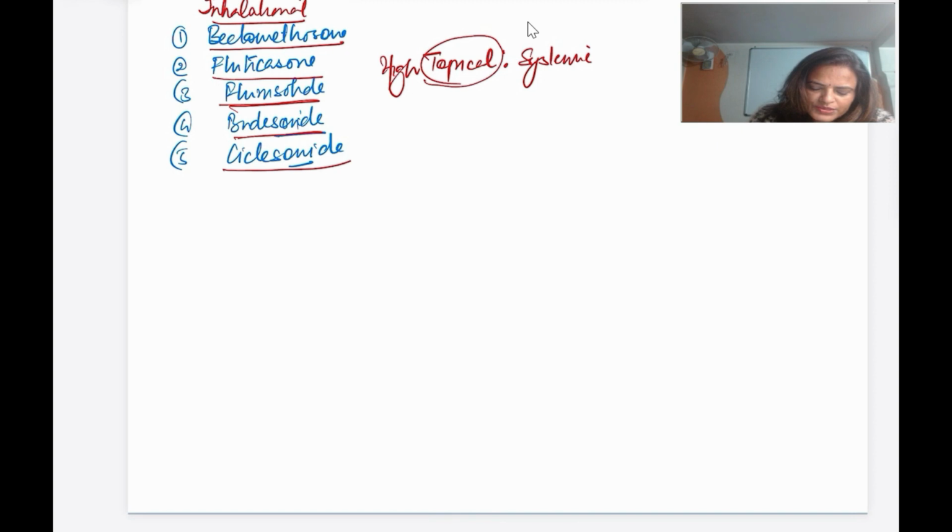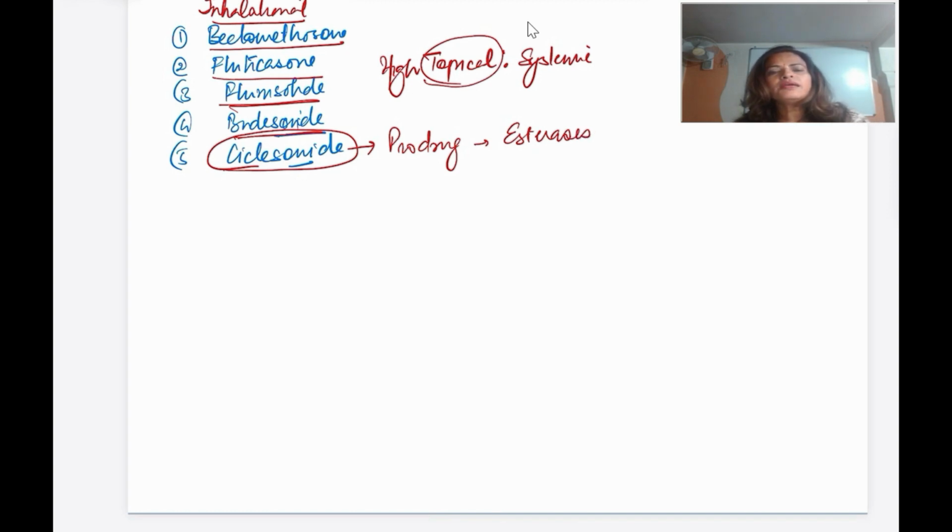But ciclesonide has one peculiar feature. Even the local, topical side effects are less. Whatever is seen with the rest of the inhalational steroids, I will discuss that later on, even that side effect is not seen with this. So what is this? It is a prodrug. Once you give it by the inhalational route, it is converted into the active drug with the help of esterases present in the bronchial epithelium.